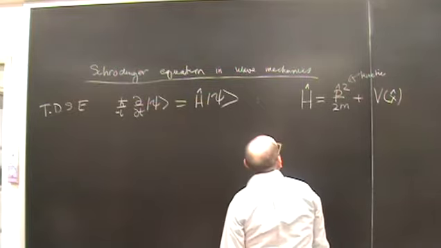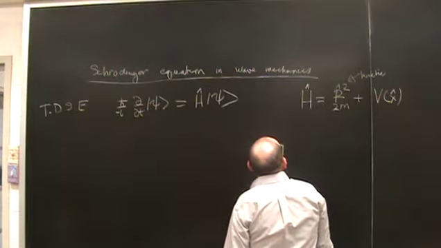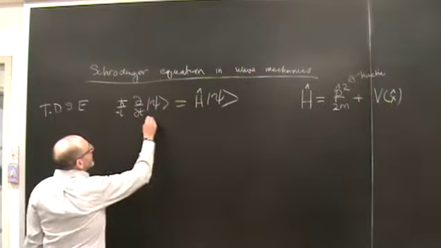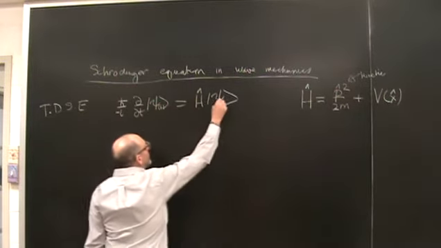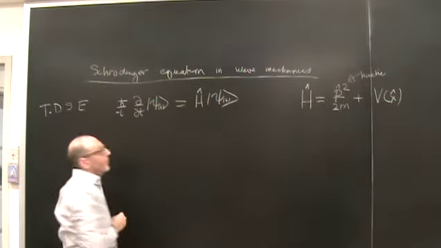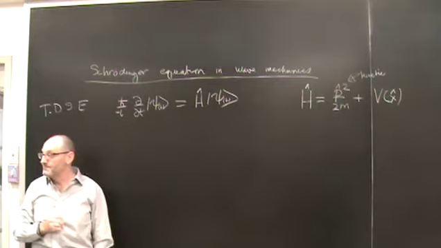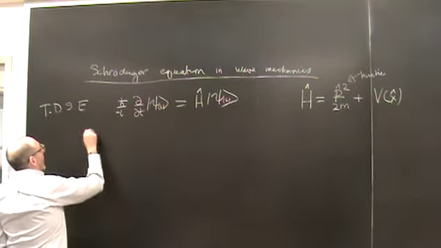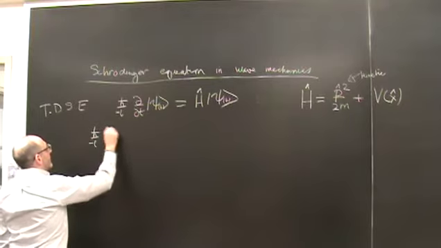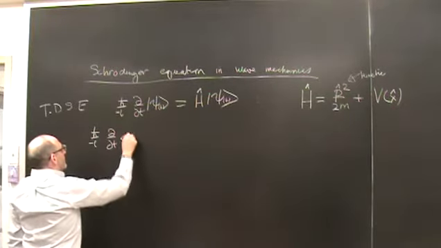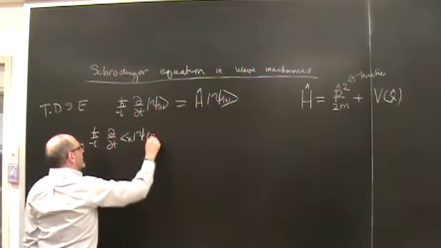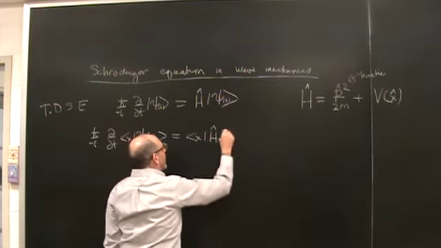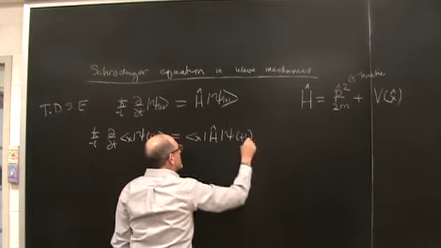So if I now write this, this is my time-dependent state. This is in the Schrödinger picture, right? So I can write this formally and just shove in a ket there.